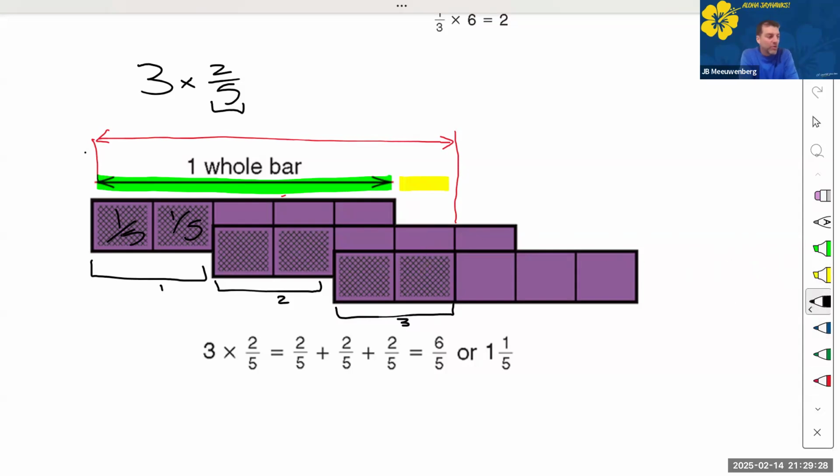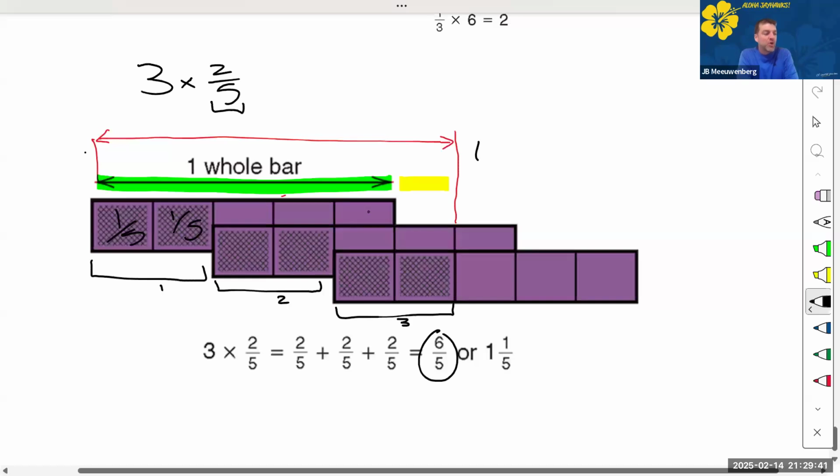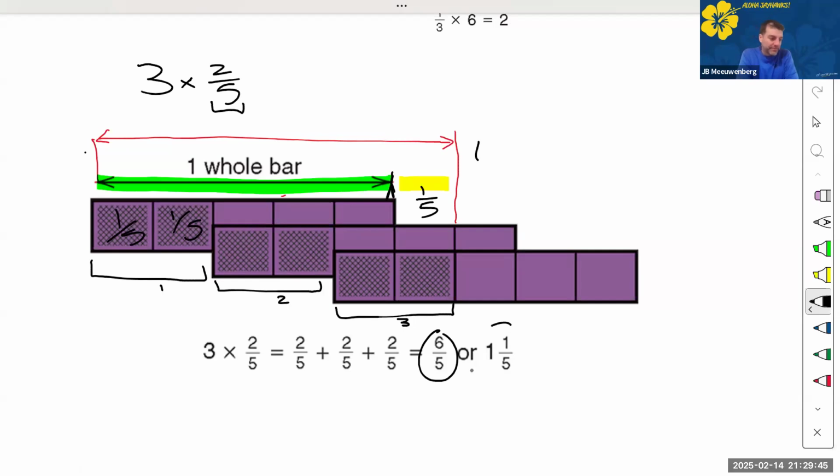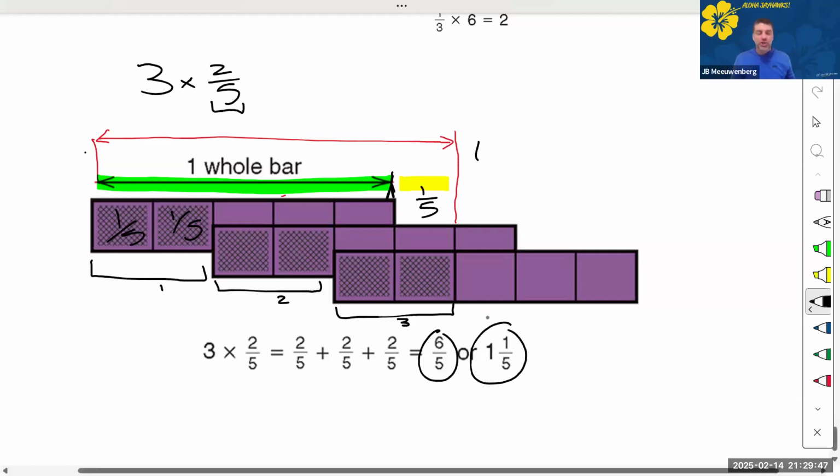So it's a total of 1, 2, 3, 4, 5, 6 fifths. Fifths, we're counting fifths. It is a total of 6 fifths, which is one whole bar plus an additional 1/5. Right? So that model right there shows that idea of repeated addition.